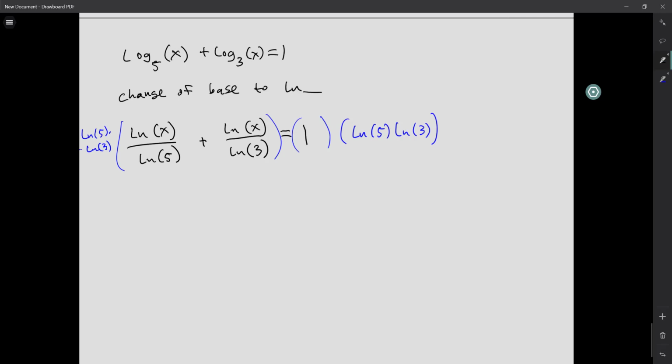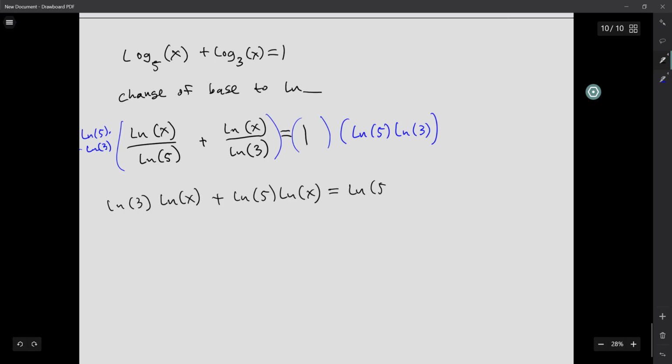The result is natural log of 3 times natural log of x plus natural log of 5 times natural log of x equals natural log of 5 times natural log of 3.